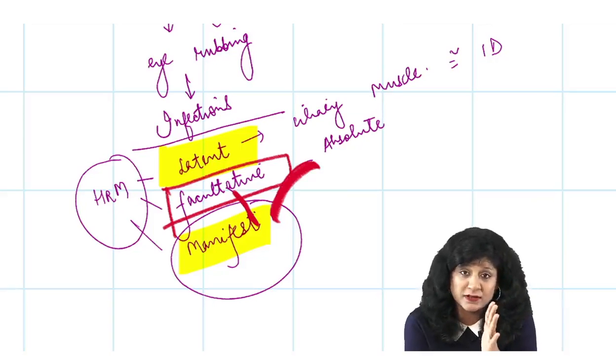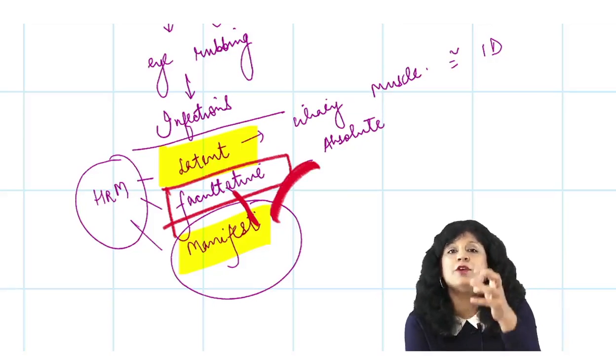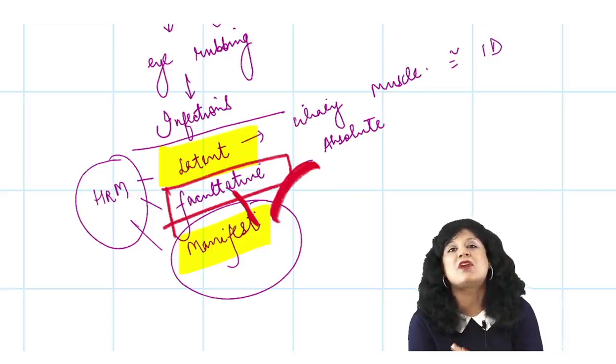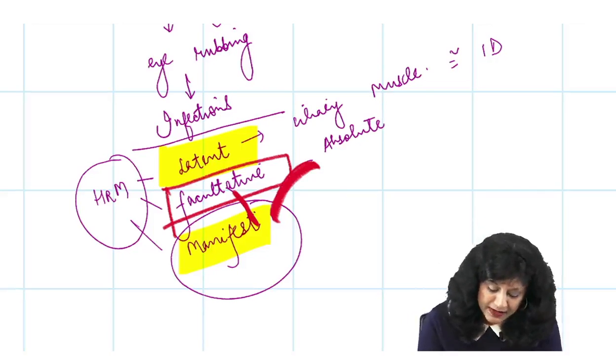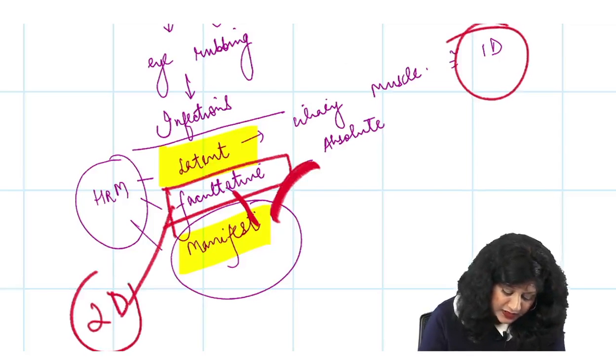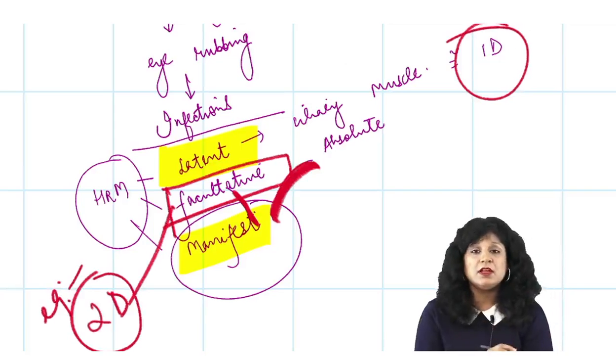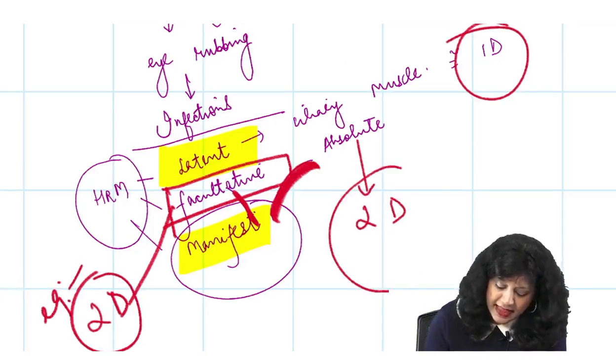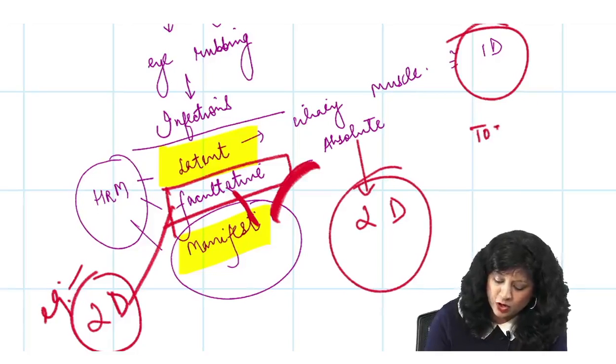The remaining is 4 diopters. What portion of this 4 diopters can he correct by putting in extra accommodative effort? Maybe 1 diopter, maybe 2 diopters, this is just an example. Then the remaining 2 diopters will be absolute. So the total is 5 diopters.